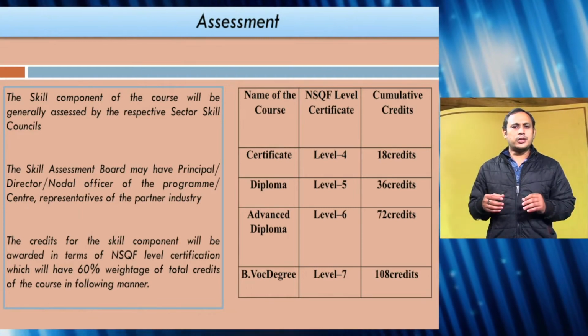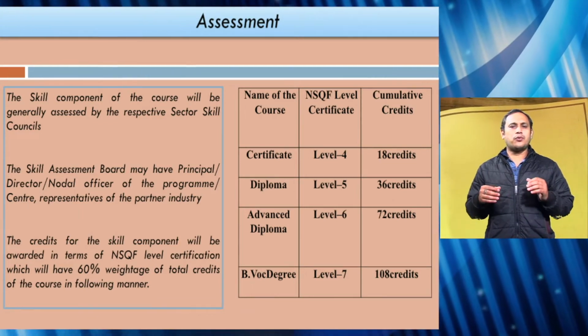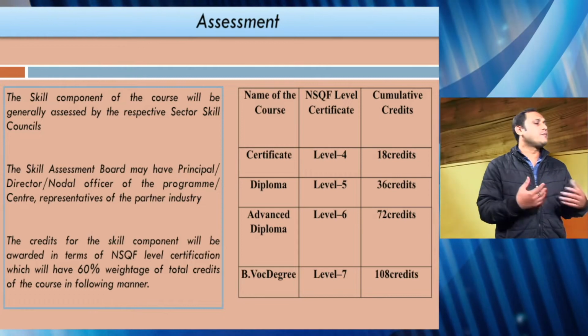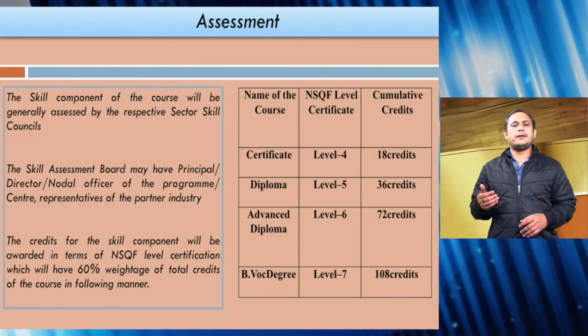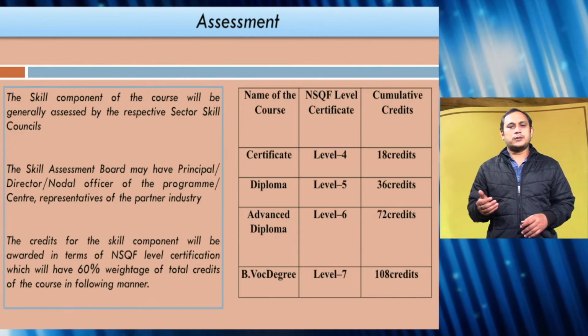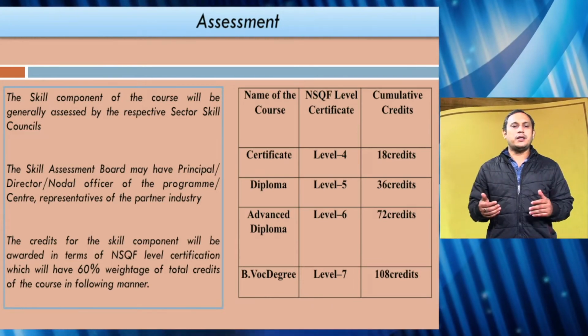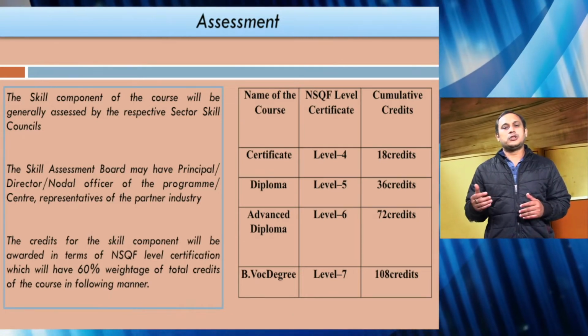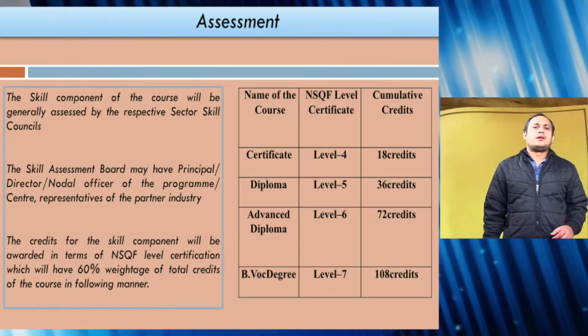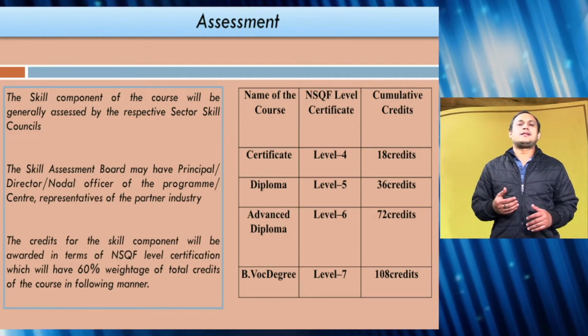then the institution may conduct the skill component through a skill assessment board by certified assessors as per the provision in the MHRD skill assessment matrix for vocational advancement of youth. Now, what is a skill assessment board?